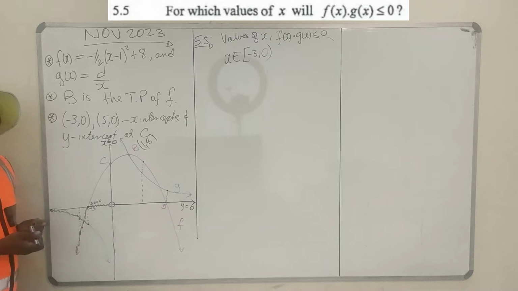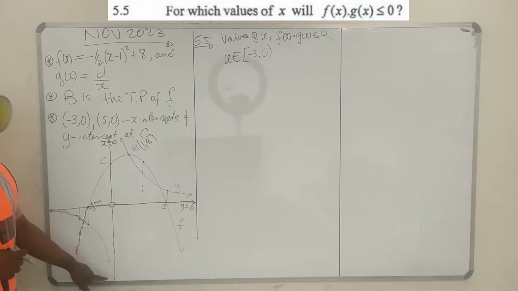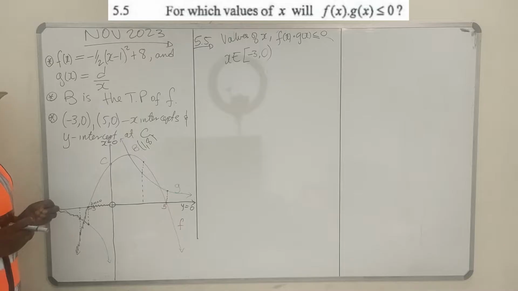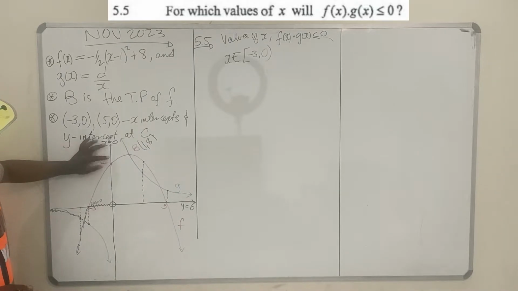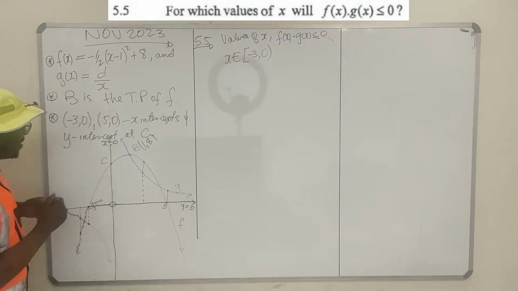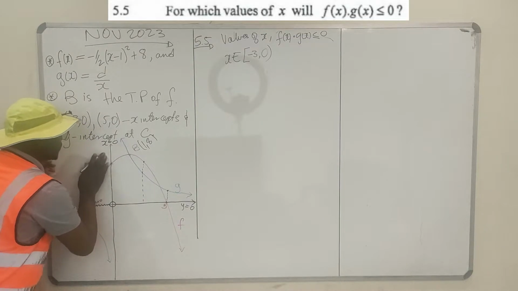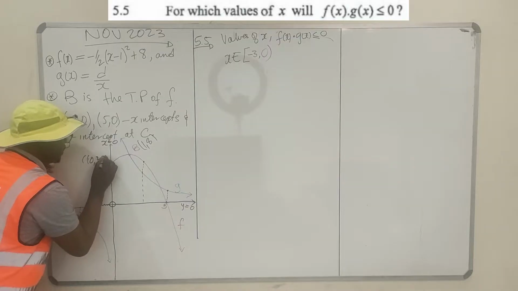g is not defined at x equal to 0, because we said at x equal to 0 we have a vertical asymptote. So we'll only take the x values where they are both defined, because how can we multiply that 7.5 that we have there? Because we said the coordinates of C are 0 and 7.5.